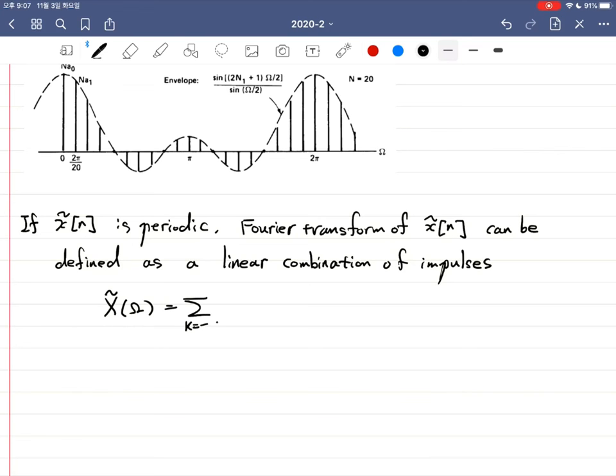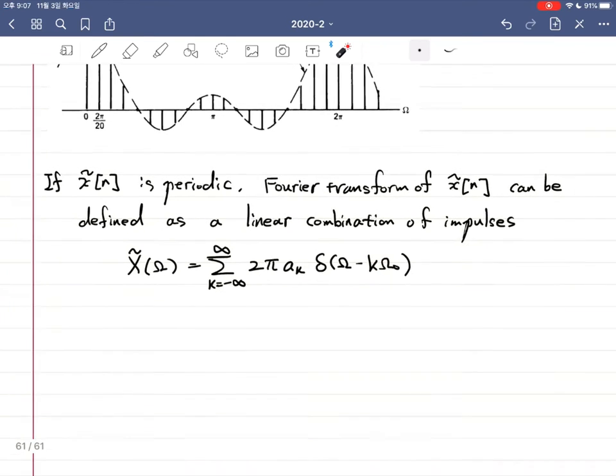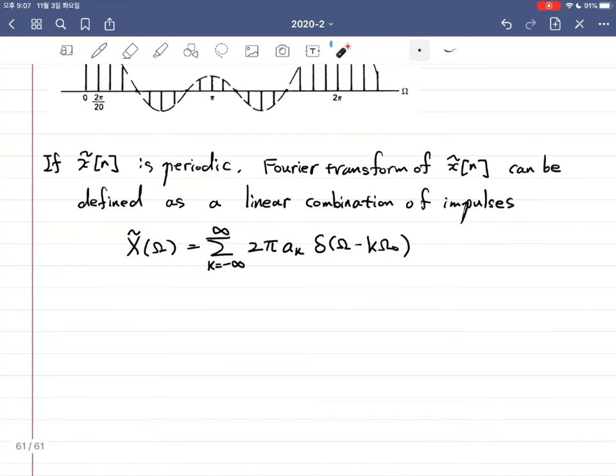So k starting from minus infinity to plus infinity with 2 pi a_k, you remember, with the shifted impulse by this multiple of omega 0. So it is perfectly the same thing.